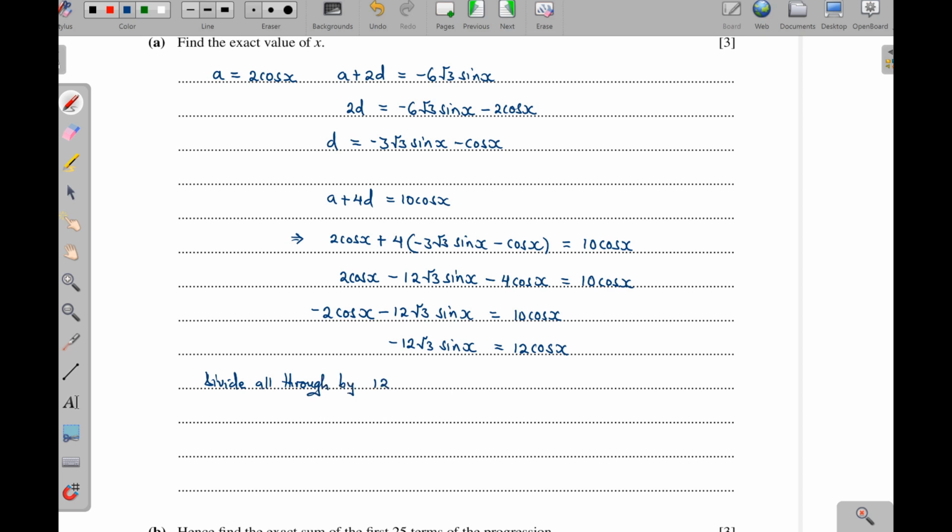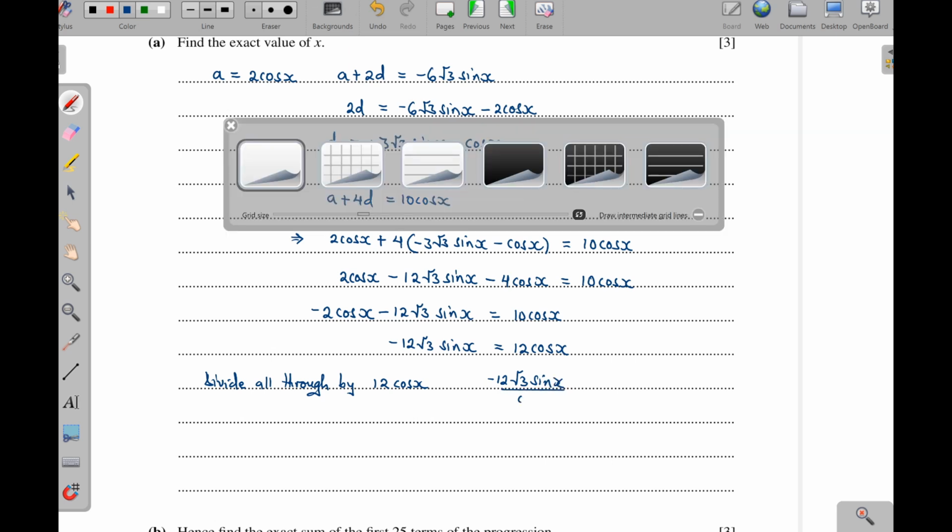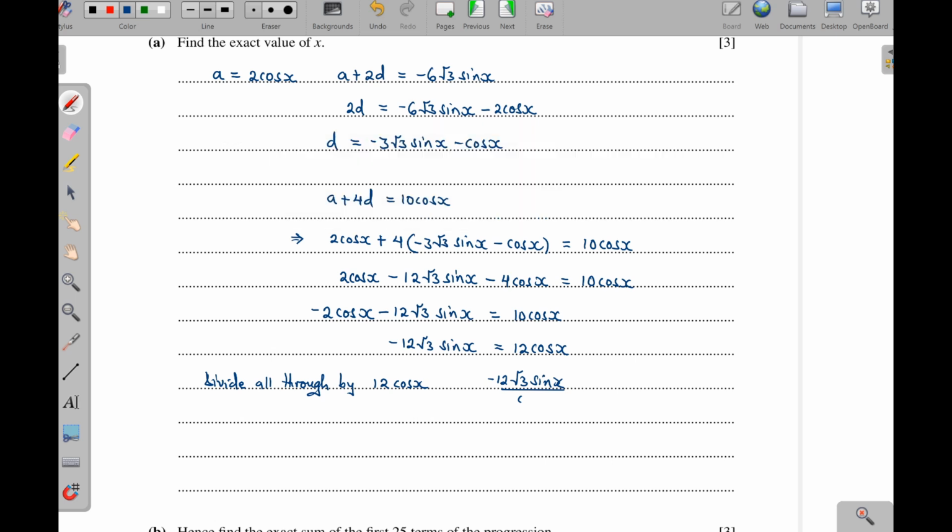Yes, it is common, but also cos of x. So negative 12 root of 3 sine of x, we divide by 12 cosine of x, and also this side 12 cosine of x, we divide it all through.